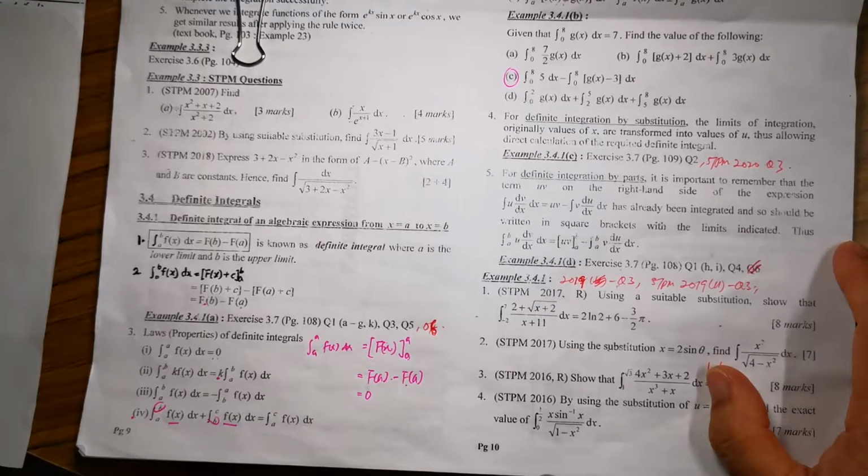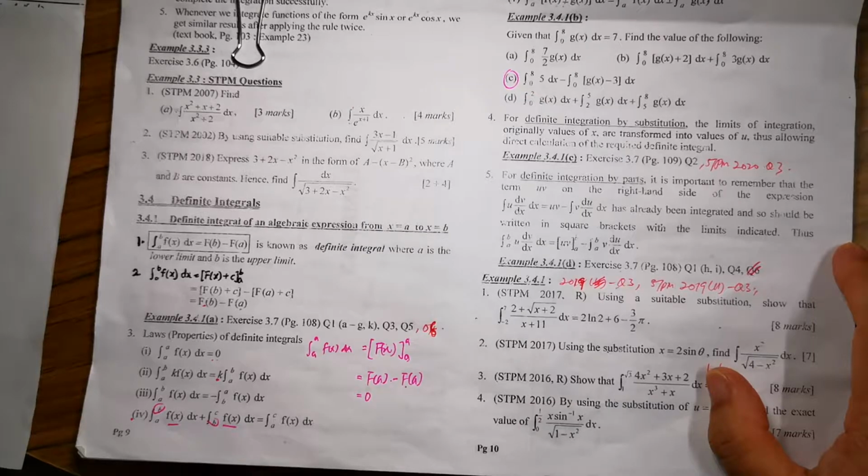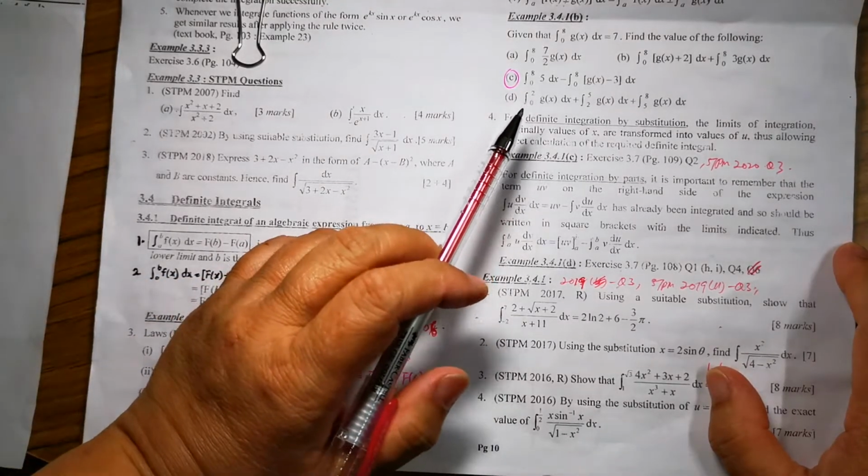We haven't discussed how to find the definite integral where we need to use substitution and integration by parts. So today we are going to see this. Let's go one by one.